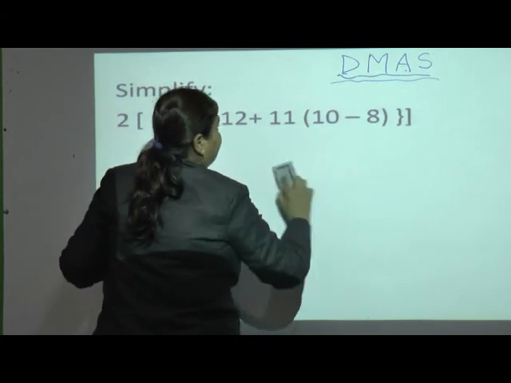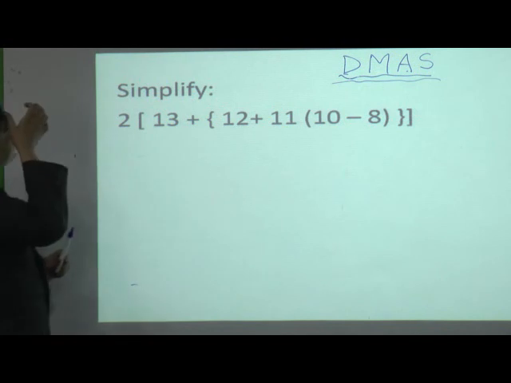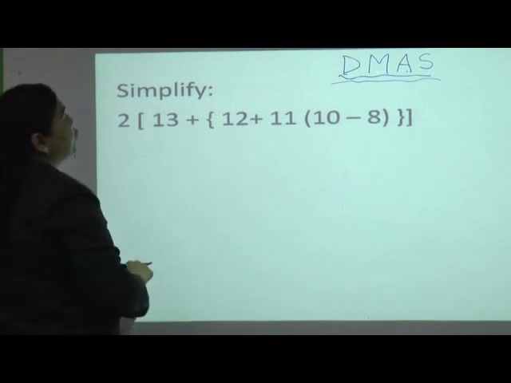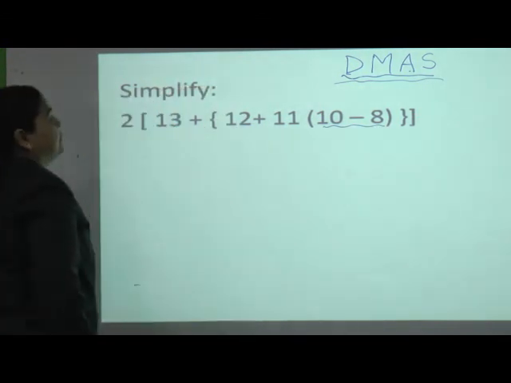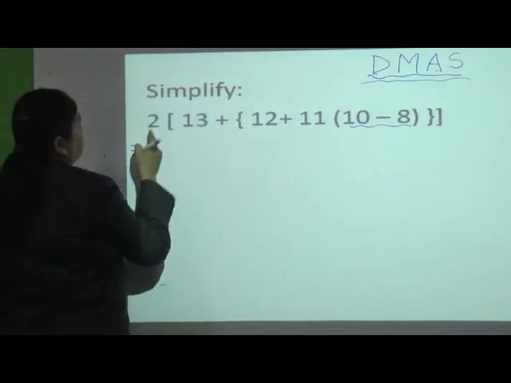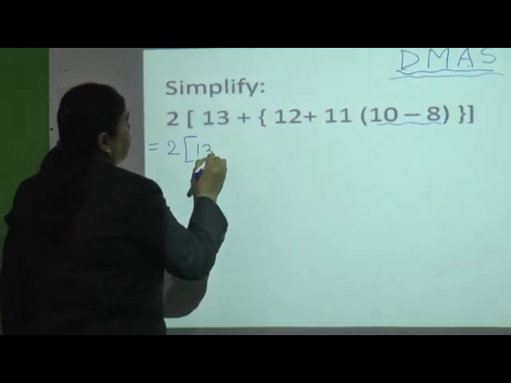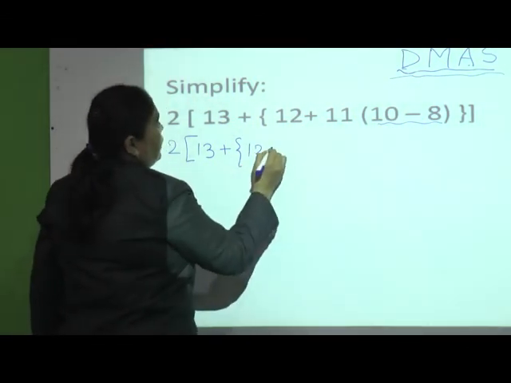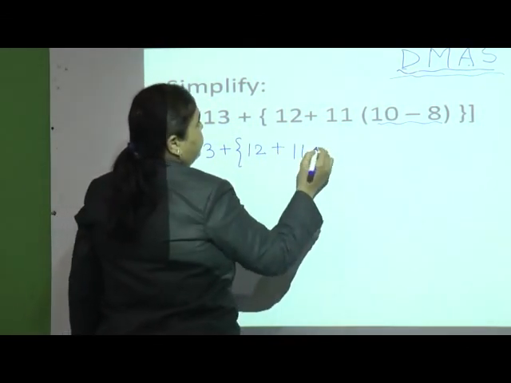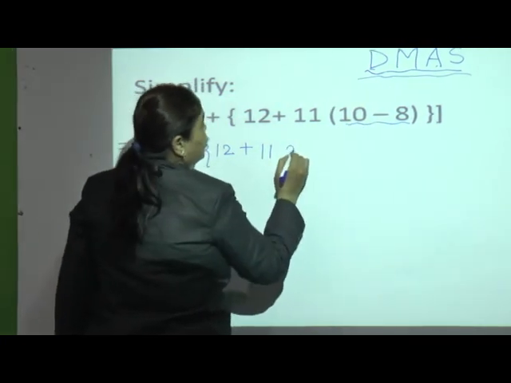Now, with the help of yours, I will solve one more example here. What should I do? First, I have to solve this bracket. Okay, I will start with the steps. I write 2 as it is. I am having a square bracket, 13 plus curly bracket 12 plus 11, what will be 10 minus 8, that is 2.